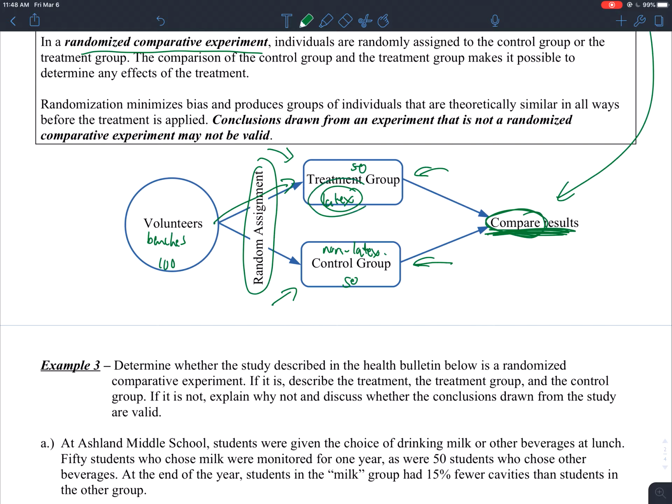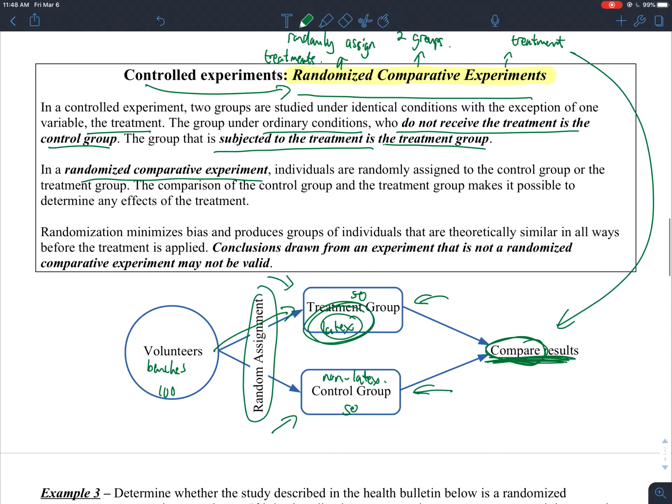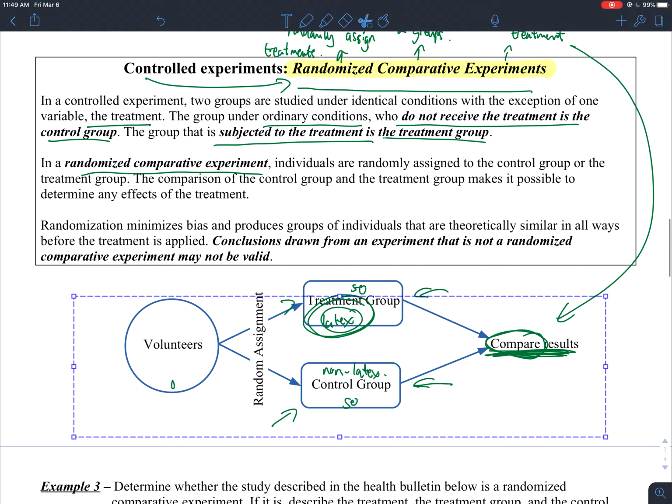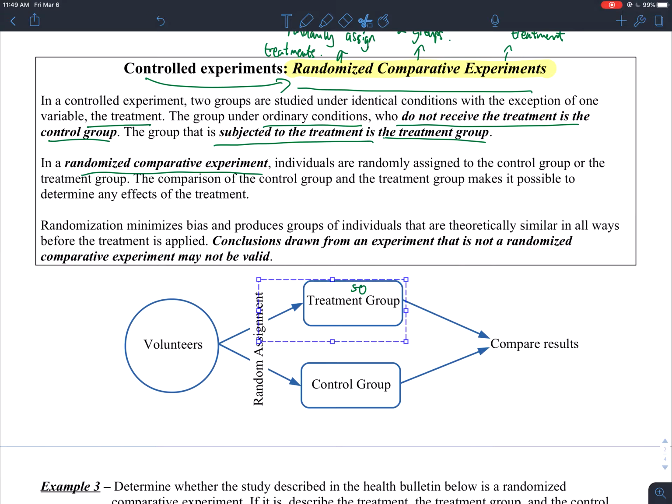Hopefully the latex painted benches had less wear and tear, or they look better, or some metric that you've decided on. So that makes a randomized comparative experiment. Hopefully that little picture helps you. Like I said, that's not in your textbook.